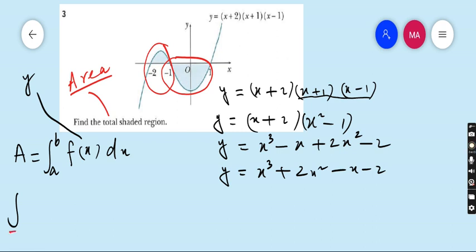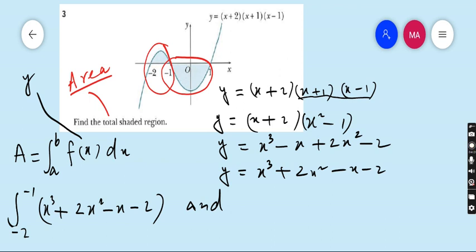First, from minus 2 to minus 1, y is x cubed plus 2x squared minus x minus 2, dx.